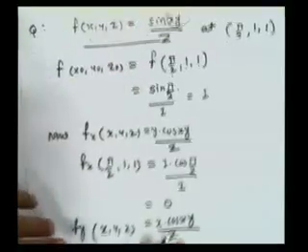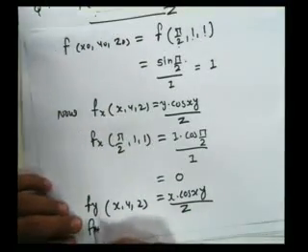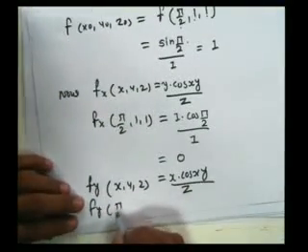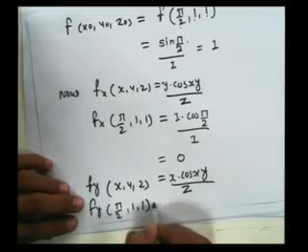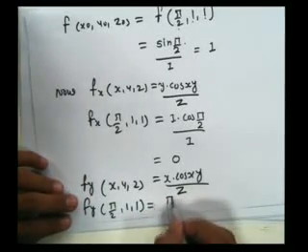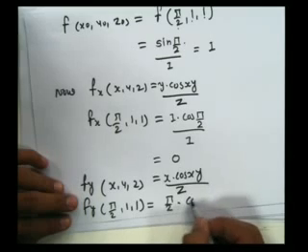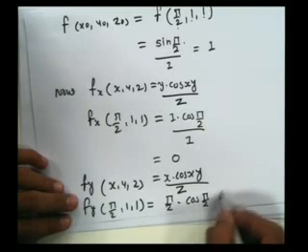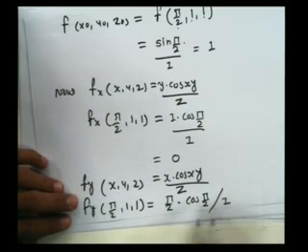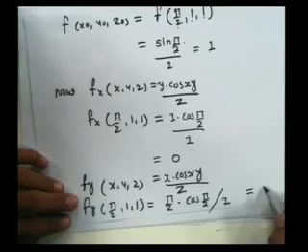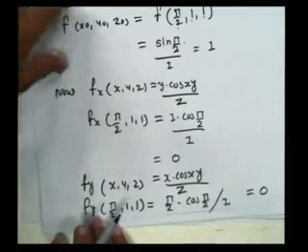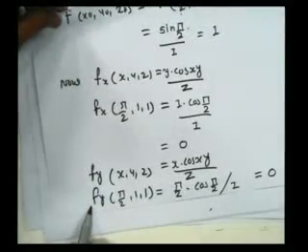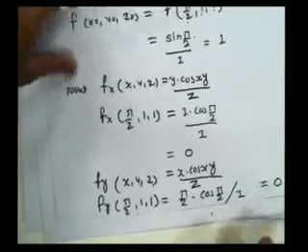So fy at (π/2, 1, 1) is (π/2) · cos(π/2)/1, but cos(π/2) is 0, so the final answer is 0. So fy at this point is 0.